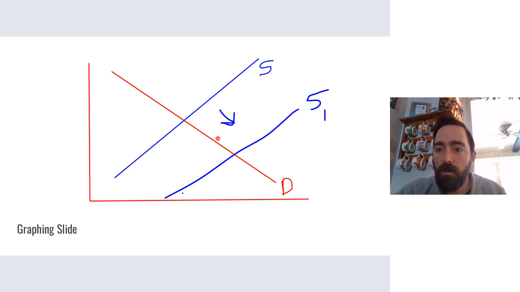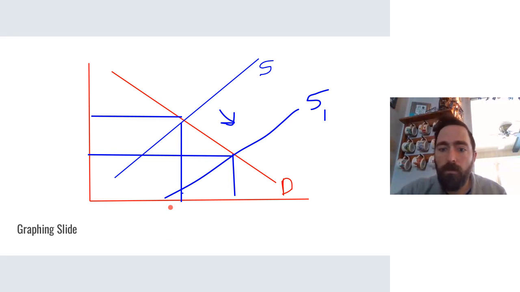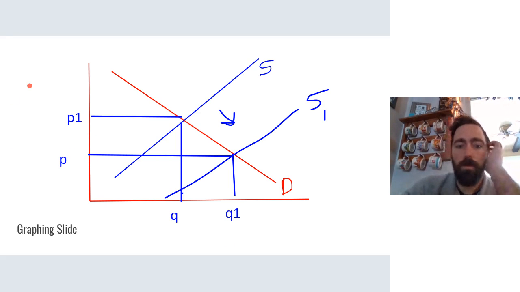And now what's happened to your quantities? Q1. You look at it here, price has decreased.